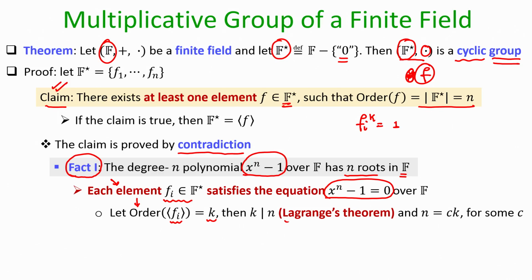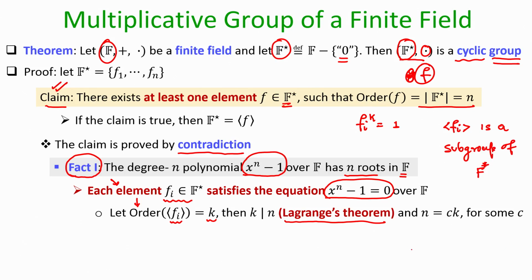Now, I can invoke here the Lagrange theorem of groups and subgroups. Now, since this cyclic subgroup generated by f i is a subgroup of your parent group F star, of course, with the dot operation that I am not writing down separately.